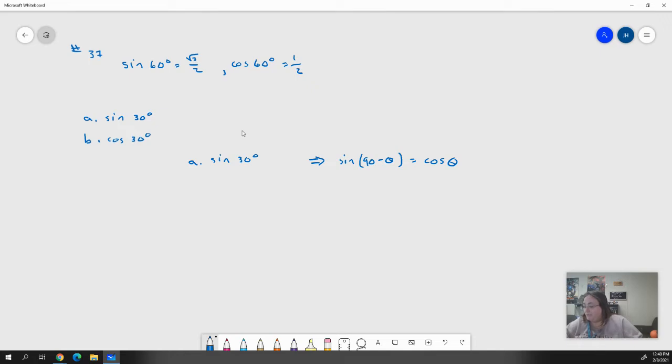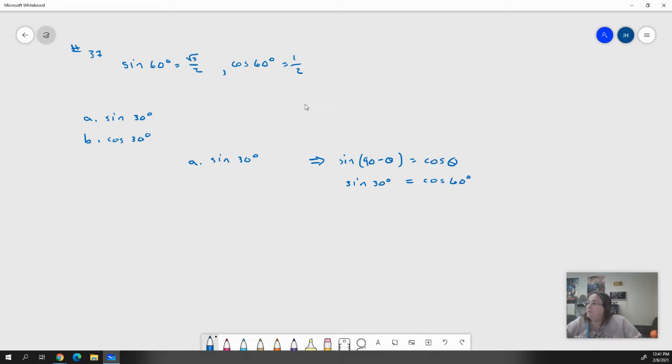What that's ultimately saying is that the sine of 30 degrees is going to equal the cosine of 60 degrees, because if I go 90 minus 30, I get this new theta, which is 60.